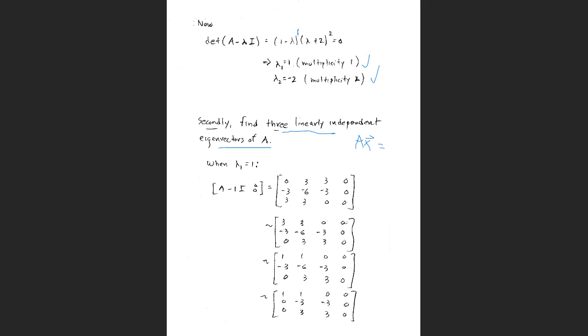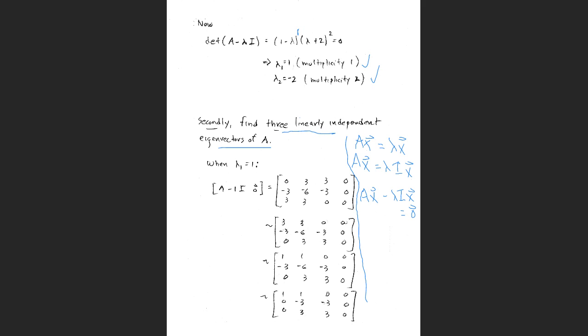The eigenvectors come from solving A times X equals lambda times X. Okay, but that can be expressed as A times X equals lambda times I times X. And so A times X minus lambda I times X equals the zero vector. This is an aside here.